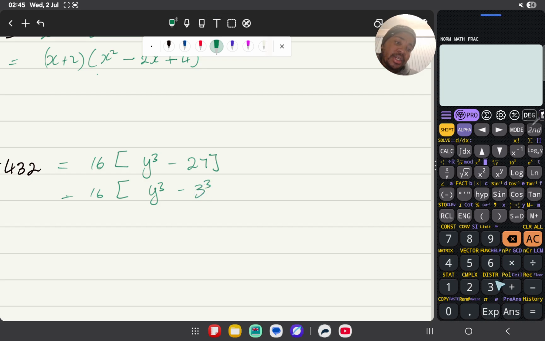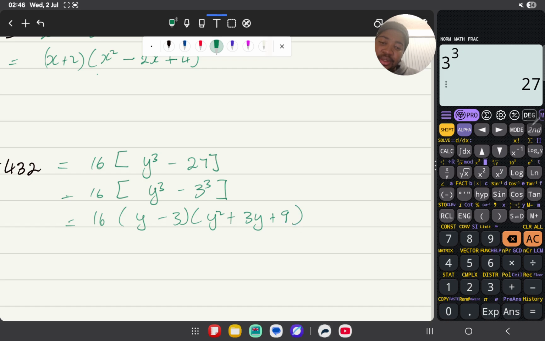We can check it: 3 to the power of 3 is 27. Then the next step is y minus 3, then y squared, it's negative here, that means it's plus, then 3y plus 9.